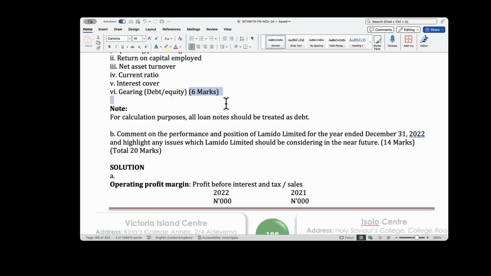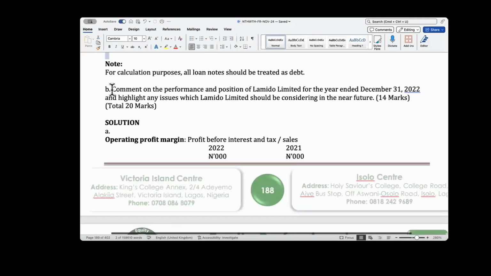Now, they ask you to comment. The comment is 14 marks. Guys, you must get 14/14. Anytime they ask you to comment on ratios, do this, I'm going to tell you now, and get 14/14.